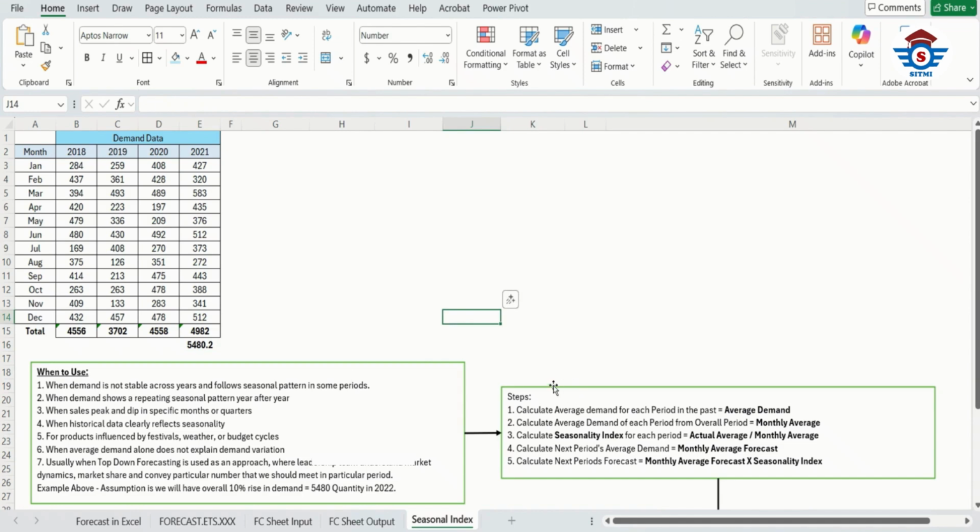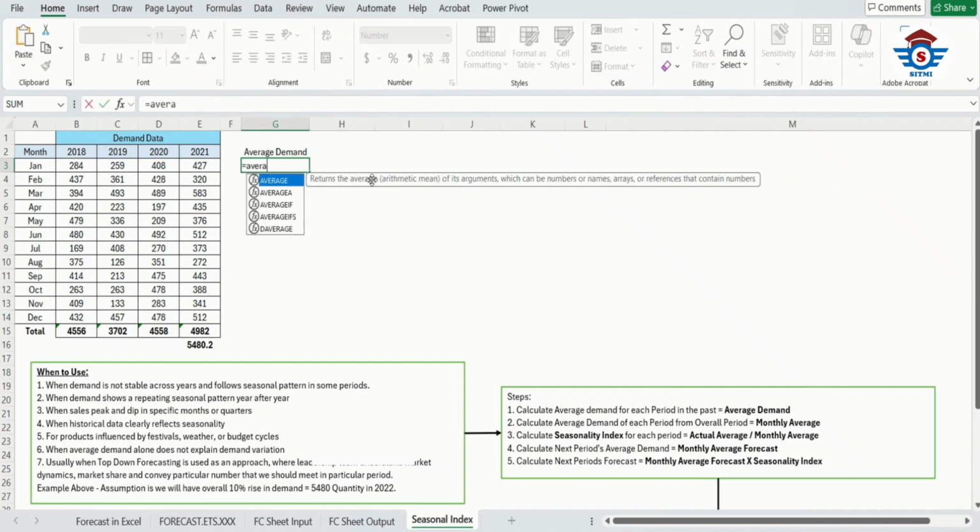Now, let's go ahead and understand the steps for the seasonality index calculation. There are basically 5 steps. The first step is to calculate the average demand for each period in the past demand data, which we call average demand. Let's do that calculation. I will put this column as average demand, which is the calculation of average demand in the past period.